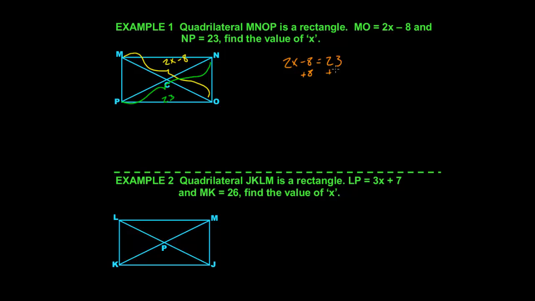Add 8, 2x equals 31. Divide by 2, we will be left with x equals 15.5. That is our final answer.